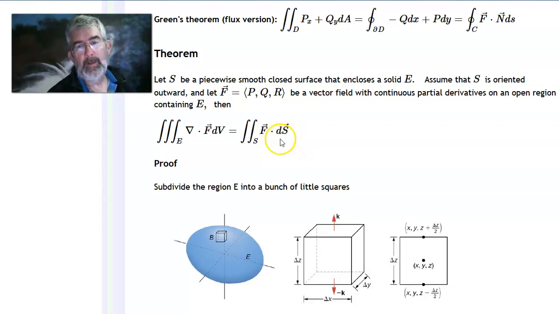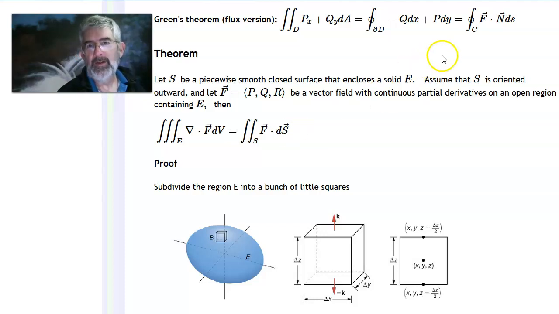Remember that this vector dS takes into account the unit normal vector, which we often call vector N, and a little bit of surface area element.